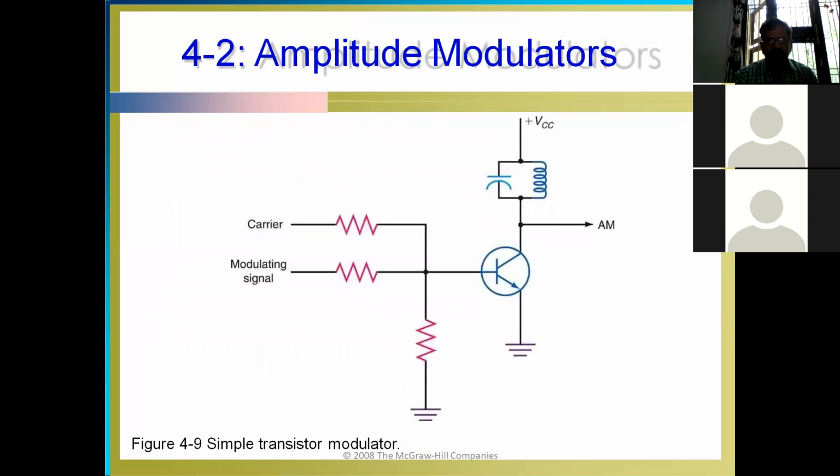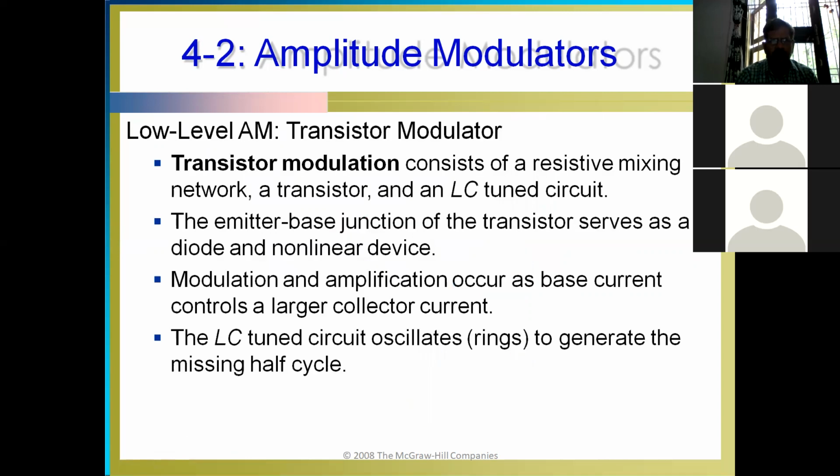We can see the arrangement of the circuit in this figure. That is a simple transistor modulator in which there is one transistor, one LC network or tuned circuit, and two resistors.